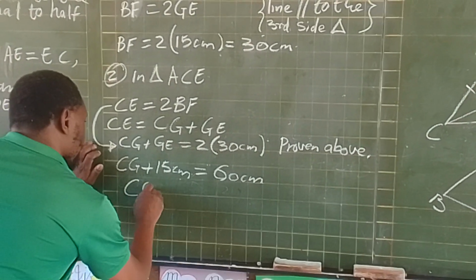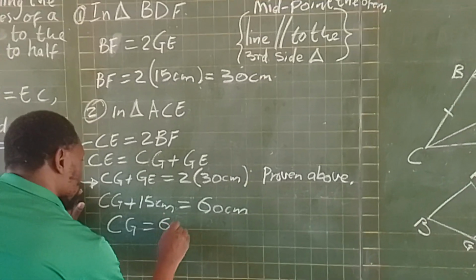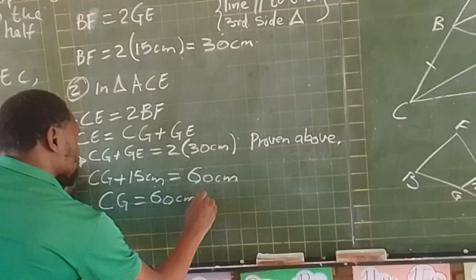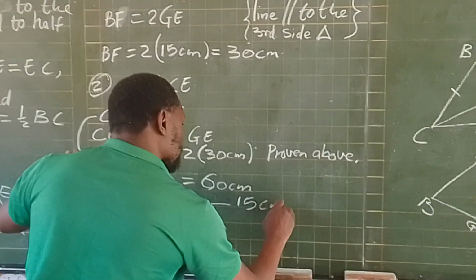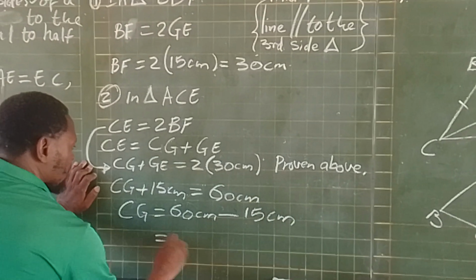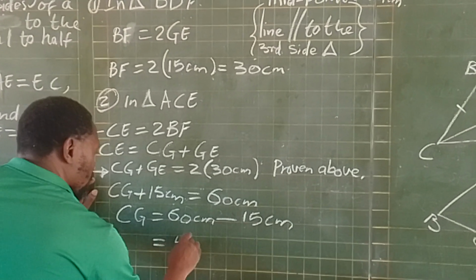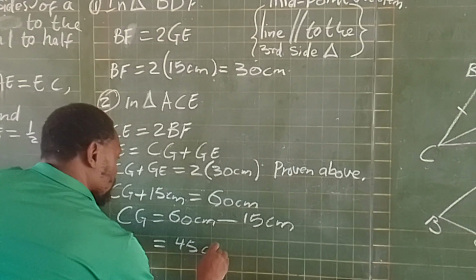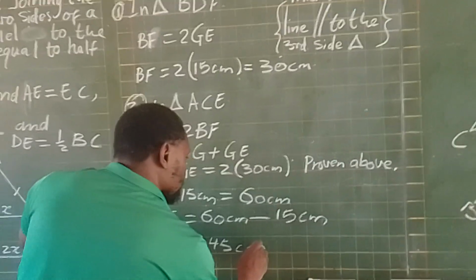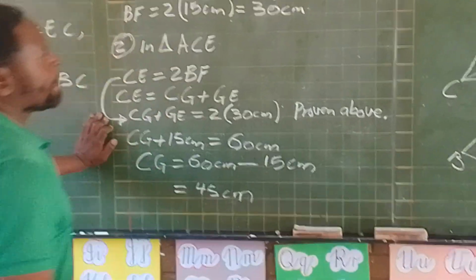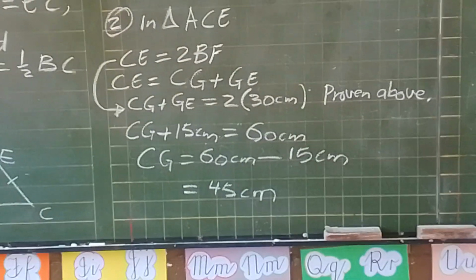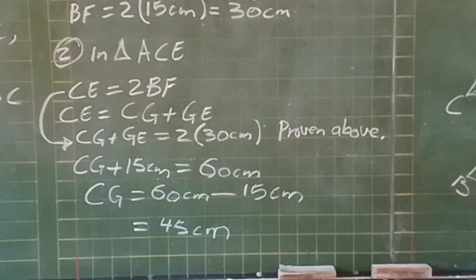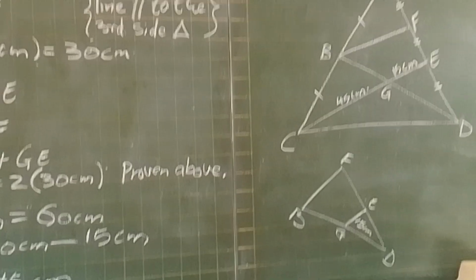Then CG is going to be 60 centimeters subtract 15 centimeters, then CG is 45 centimeters. This is CG, so your CG here is going to give you 45 centimeters.